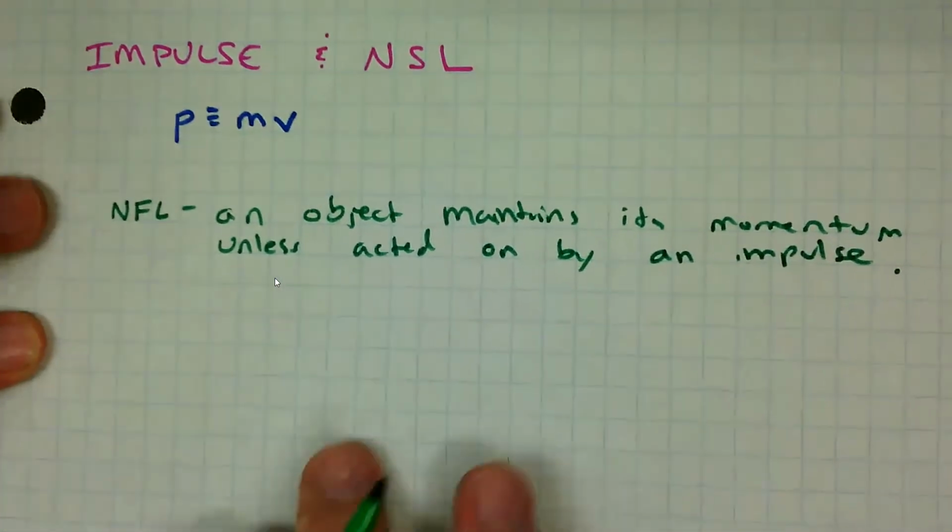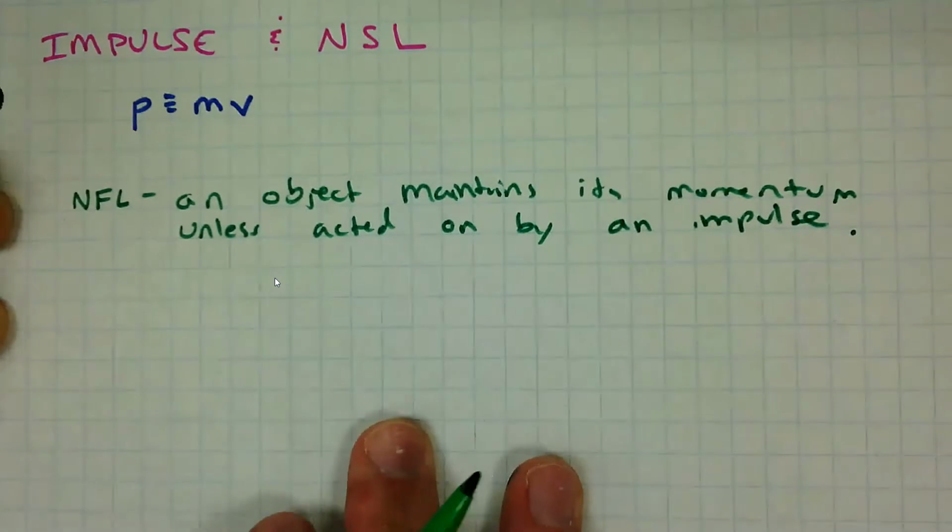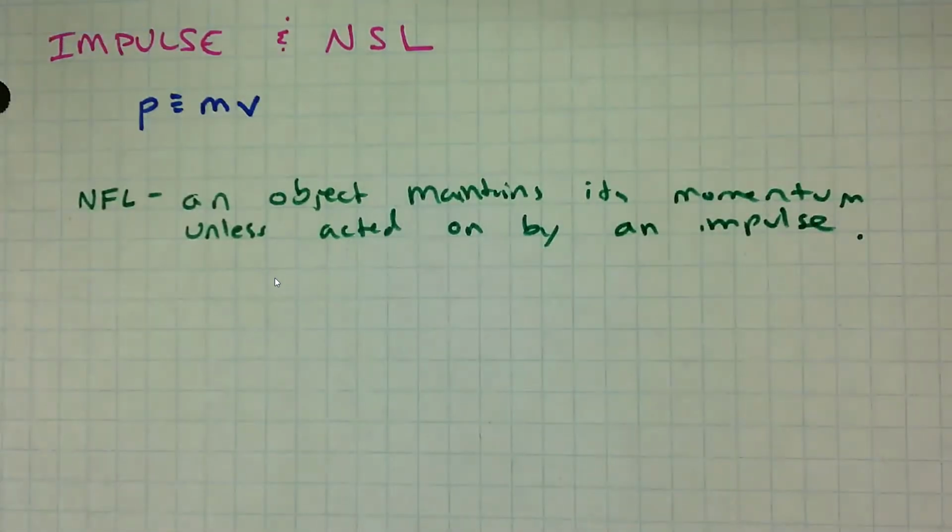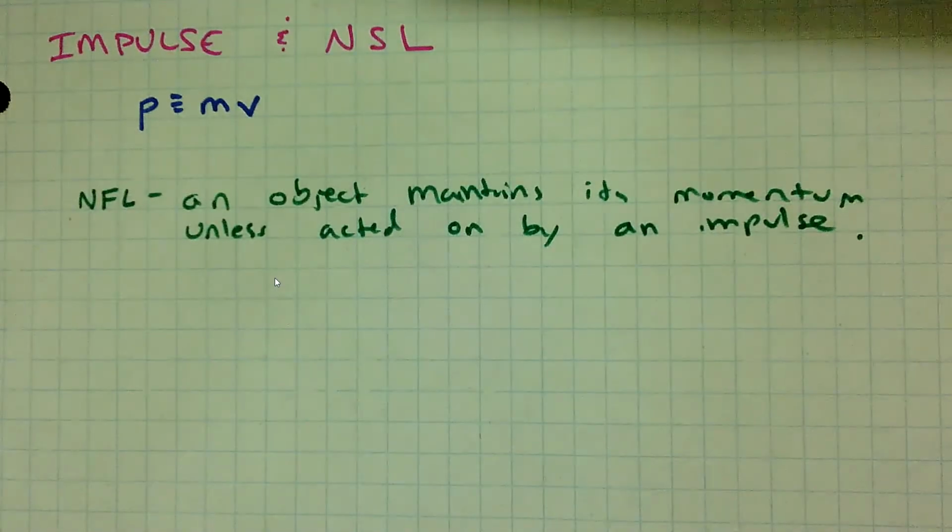This is to make it parallel to the actual first law. Remember, the first law is an object in motion will stay in motion unless acted on by a net force. So in terms of momentum, an object maintains its momentum unless acted on by an impulse.